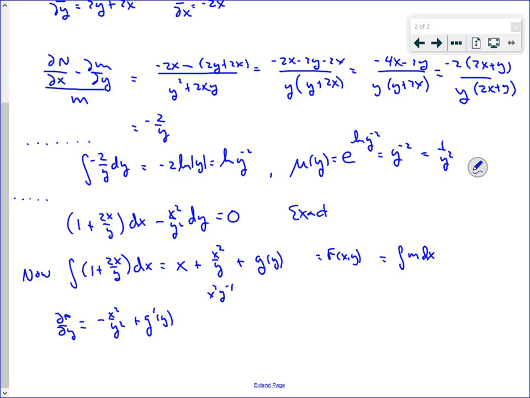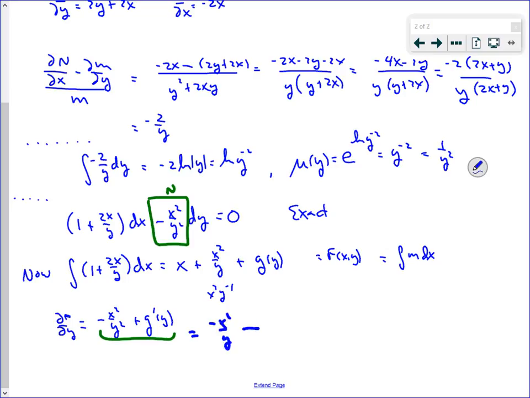And since this is an exact equation, this expression should equal what we've been generally calling n, not the original n. So that's equal to negative x squared over y squared.